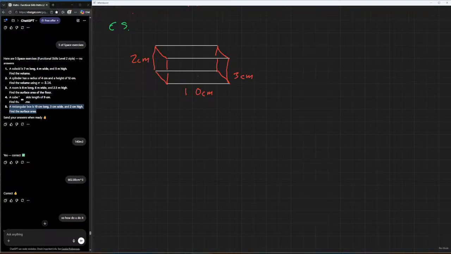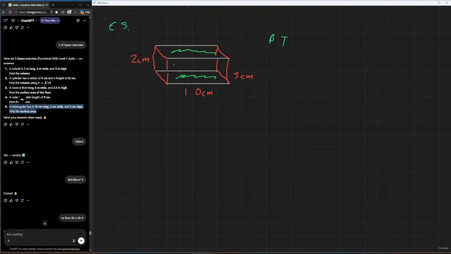So this is what I was talking about previously. We have one side here, and then we have another side here, and then we need to find, one second. So we have bottom and top sides.